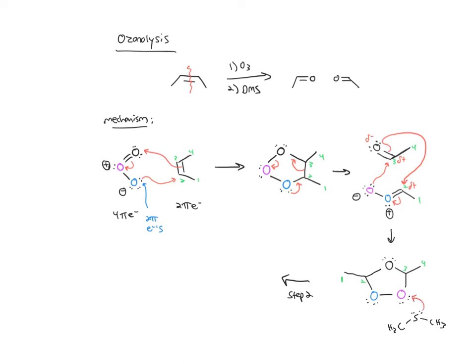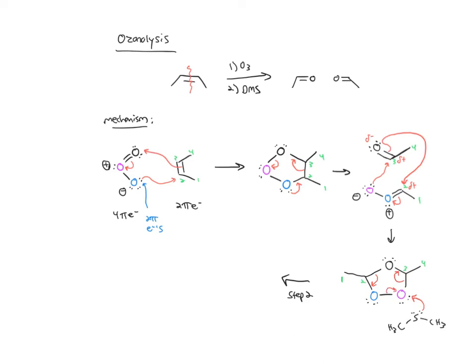That's going to end up breaking the bond between purple oxygen and carbon 3. That's going to go right into making a double bond to the black oxygen at the top, which is going to cause the bond on the other side to break and go towards the blue oxygen. And then eventually that's going to cause the bond in the ring to break as well.